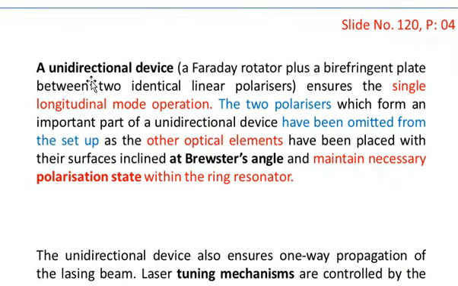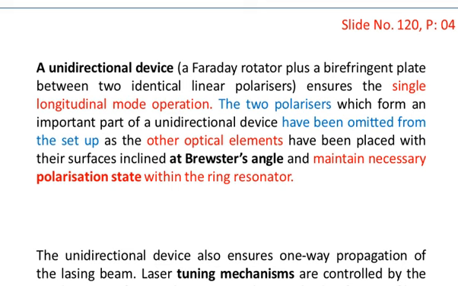So I should start from here. A unidirectional device, a Faraday rotator plus a birefringent plate sandwiched between two identical linear polarizers ensures the single longitudinal mode operation. The two polarizers, which form an important part of a unidirectional device, have been omitted from the setup, as the other optical elements have been placed with their surfaces inclined at Brewster's angle and maintain the necessary polarization state within the ring resonator.